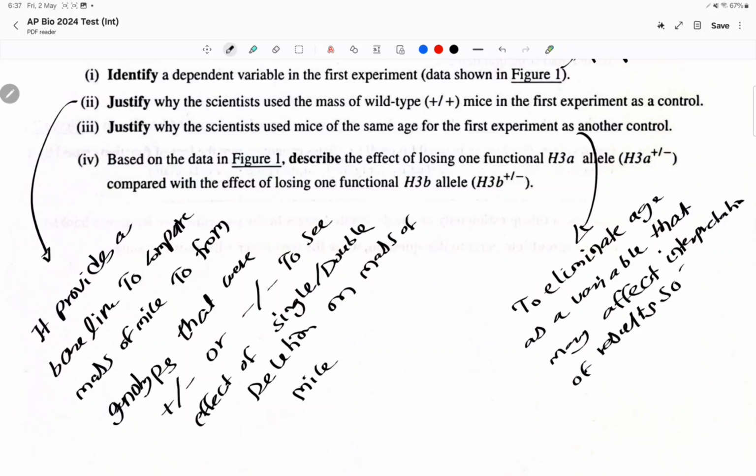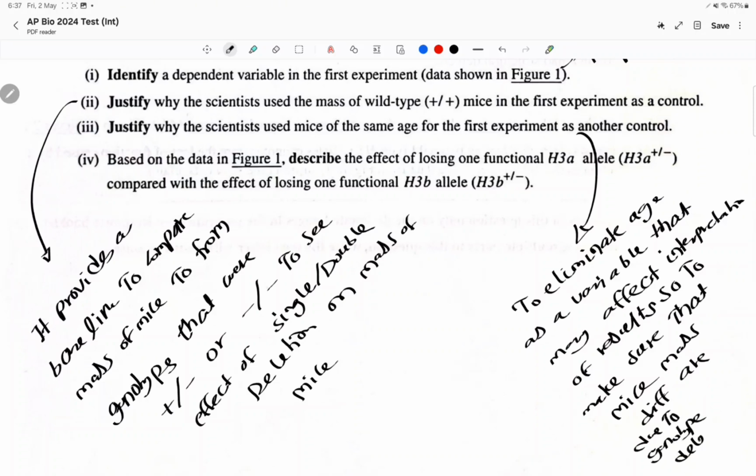Okay, so to make sure that mice mass differences are due to genotype deletions only.